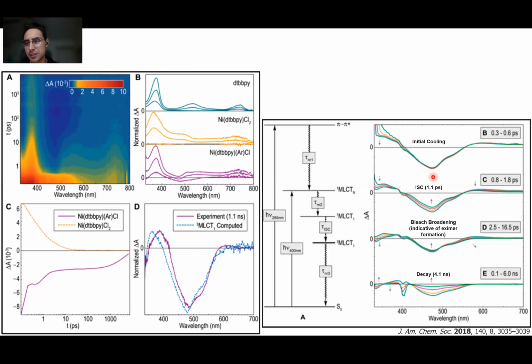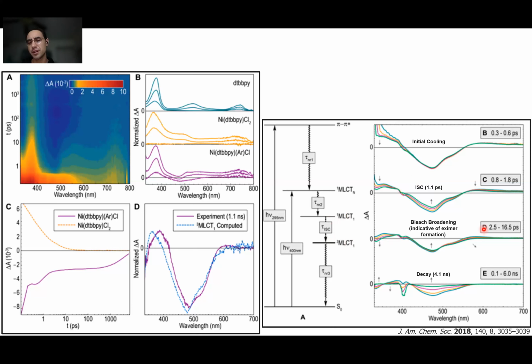In this 0.8 to 1.8 picosecond range, they do start to see some relaxation occur, and this corresponds to intersystem crossing.